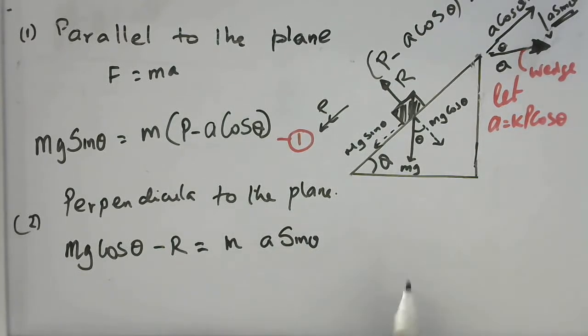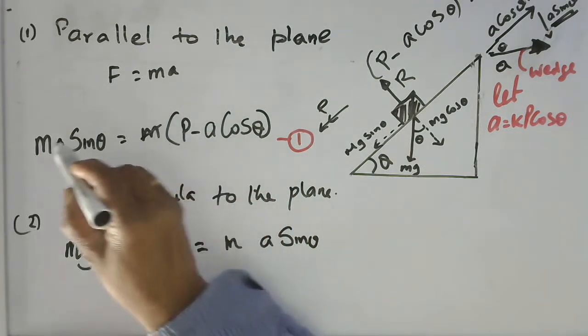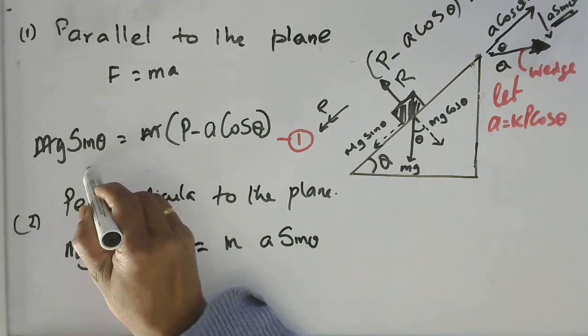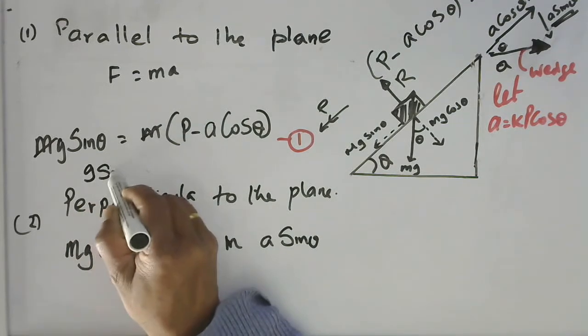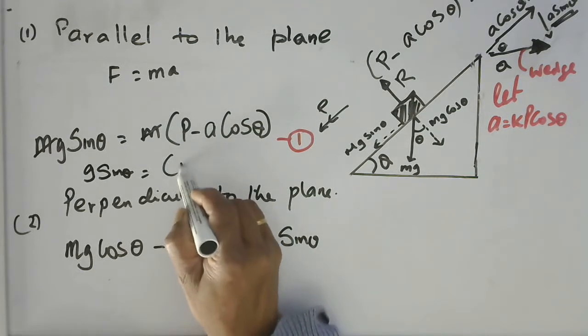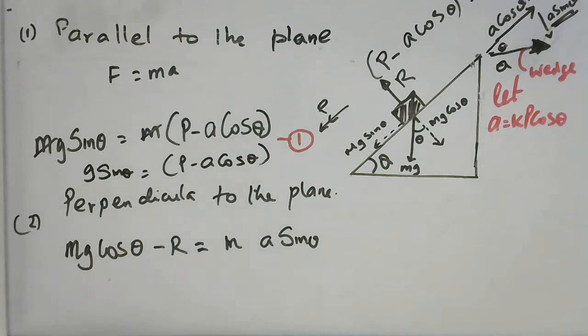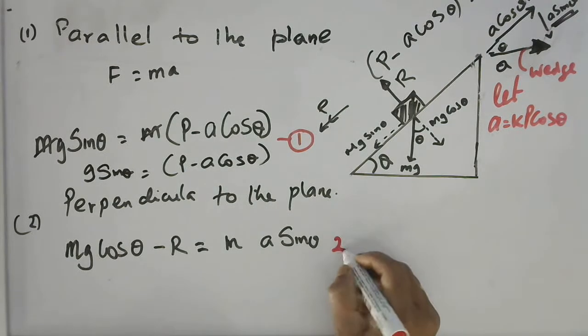I have to remind you a is equal to kp cos theta. If you cancel the m, you end up with g sine theta equal to p minus a cos theta. I can't do that here because R doesn't have an m, so I'm going to leave it as that. That's going to be 2.